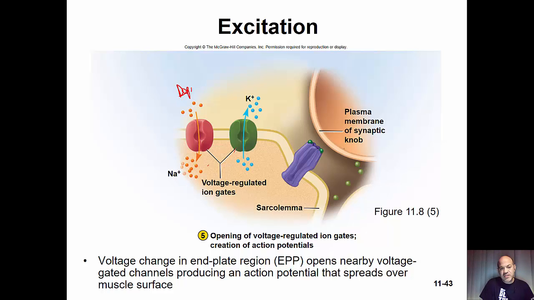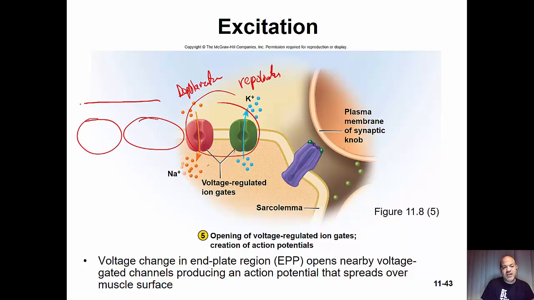So this would cause depolarization. And then once we get to about plus 75 millivolts, then the potassium gate opens up and allows positive charges out. That gives us our repolarization. And then this action potential that's occurring right here is going to stimulate another action potential over here, and then another one nearby. And so as that continues down the sarcolemma, which is the membrane of the muscle fiber, we would call that our impulse.